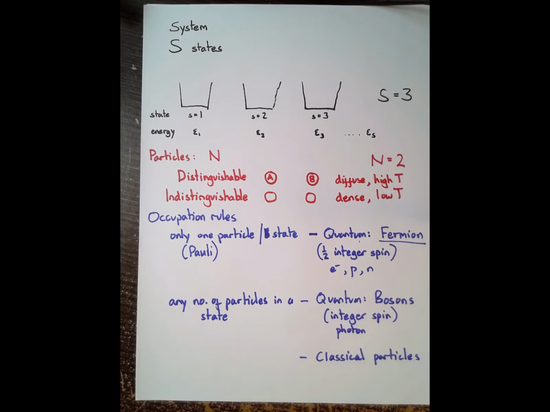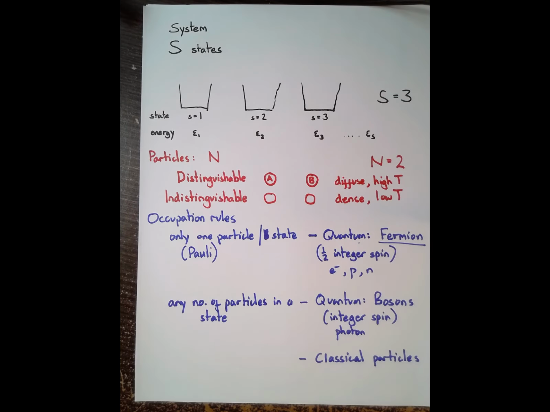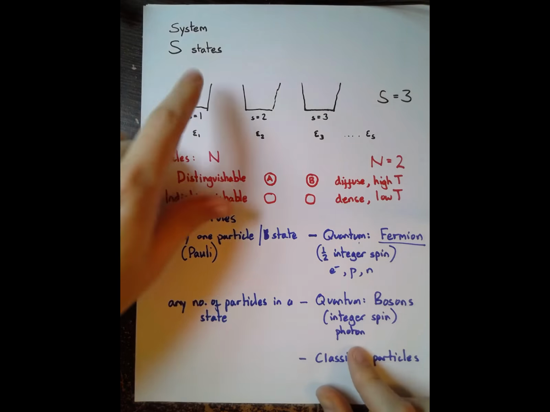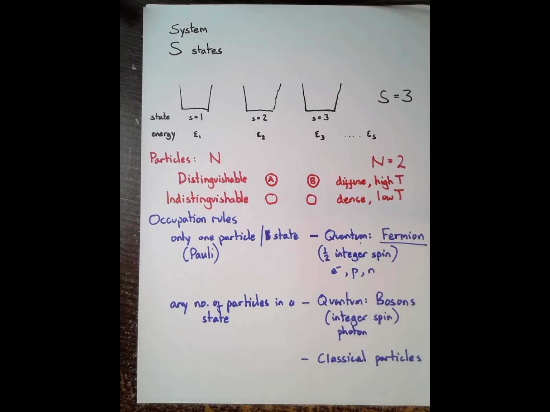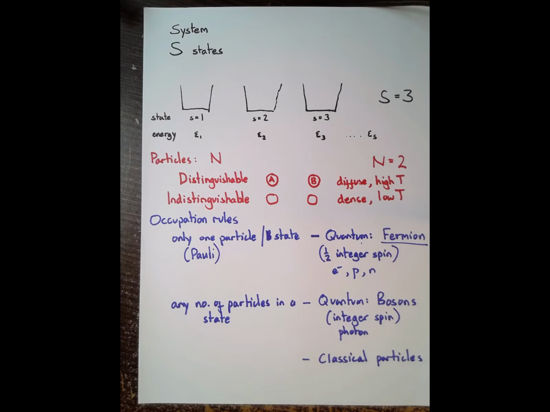Now we're going to start placing particles in buckets or particles in states, and it's going to be tedious if I have to draw buckets every time. So I'm going to use the notation that was introduced back in week 4 or 5, when you learnt about multiplicities.